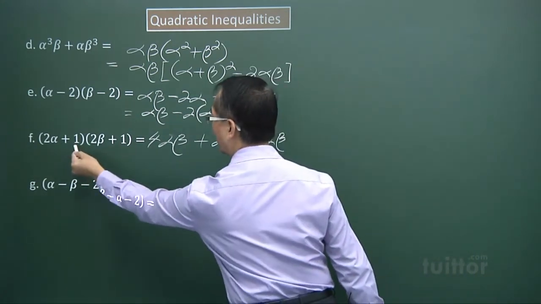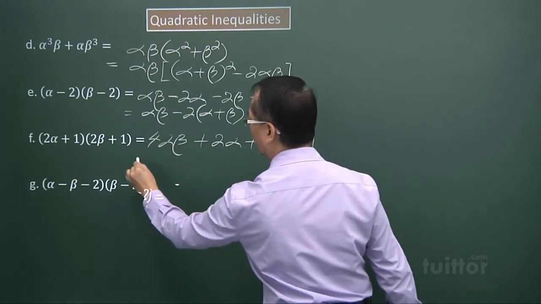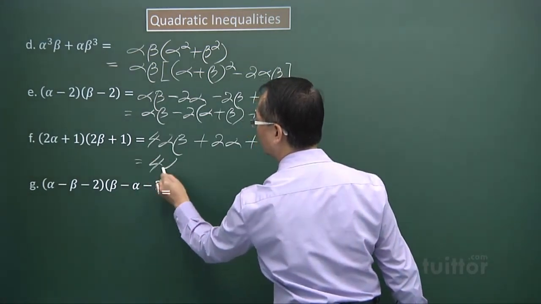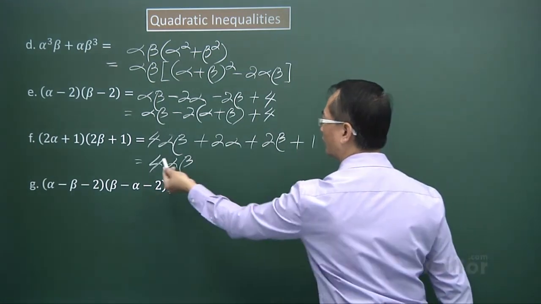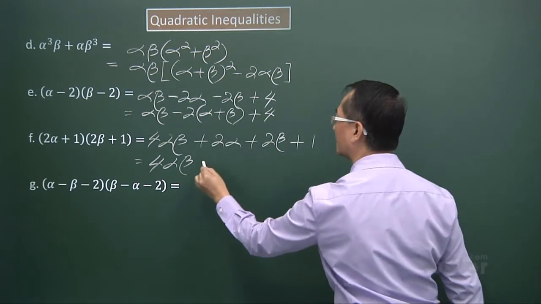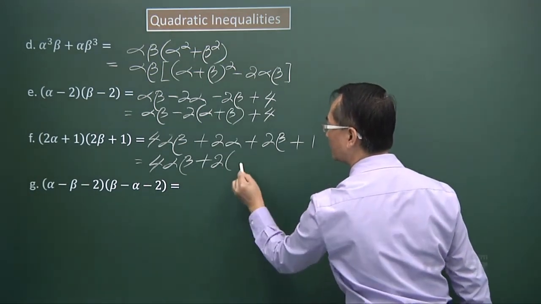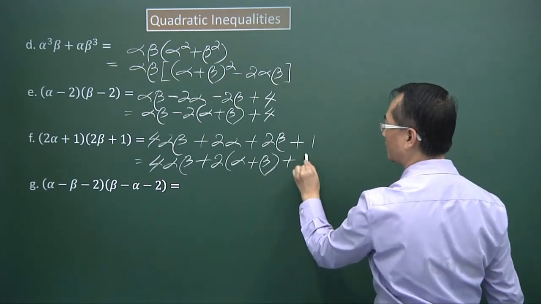And then 1 times 1 is just 1. The first one is 4 times alpha beta. The second one, if I take out the common factor, I'll have 2 times the sum of the two roots, then plus 1.